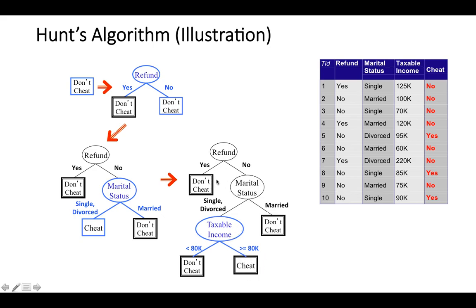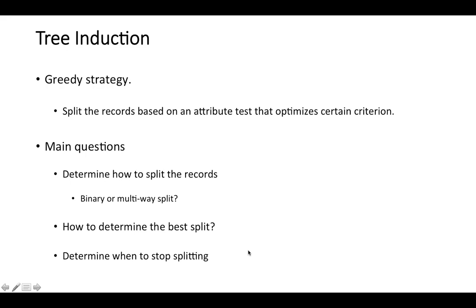So the leaf nodes are Don't Cheat, Cheat, and Don't Cheat. That's the idea behind Hunt's algorithm. Clear? Questions? Okay.